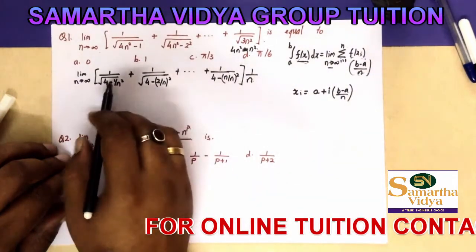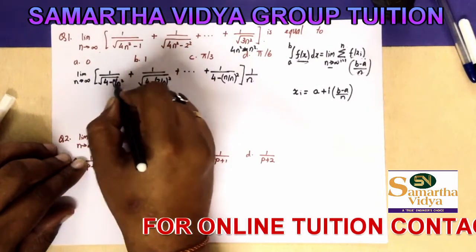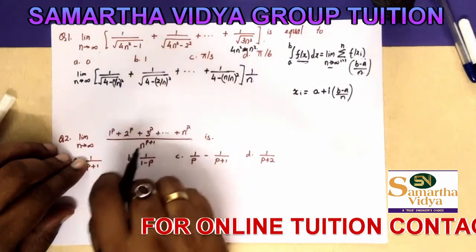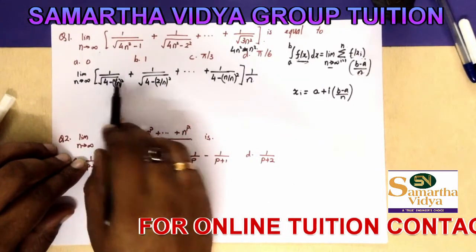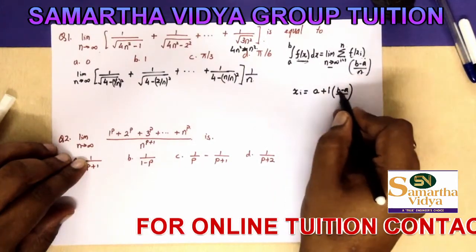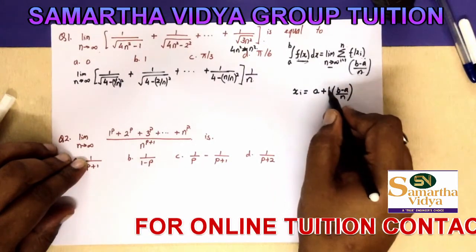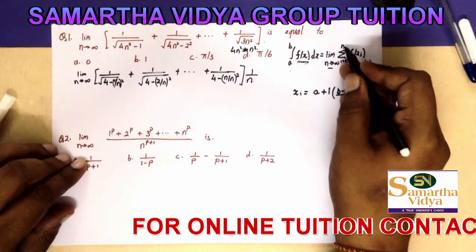Now if I just observe the first term, we have 4 minus (1 by n) square, which I can write as (1 by n) the whole square. So basically my first term is going to be something of the form a plus i (b minus a) by n, where i is going from 1 to n.